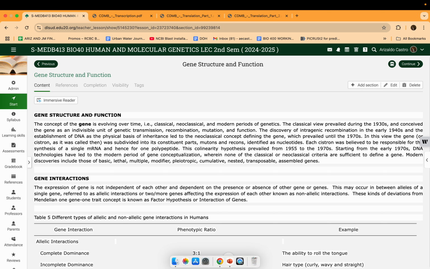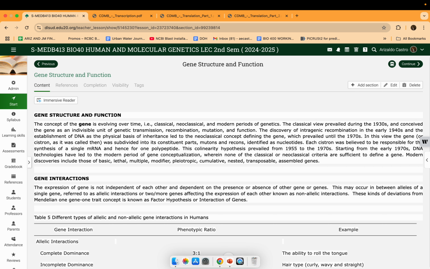Starting from the 1970s, as we began to have more technologies that allowed us to explore the structure of a living system's DNA, we were able to have a modern conceptualization of the term gene, wherein the classical and the neoclassical definitions are not enough anymore to totally define it.